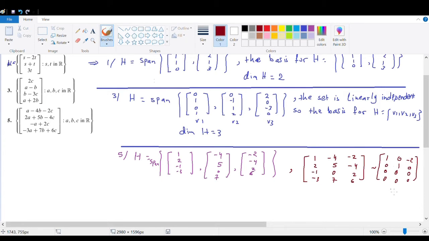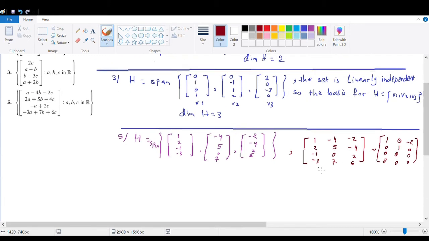So the basis will be the first column and the second column from the original matrix. So the basis for H is the first column (1, 2, minus 1, minus 3), because we need to take a set which is linearly independent, and (minus 4, 5, 0, 7).